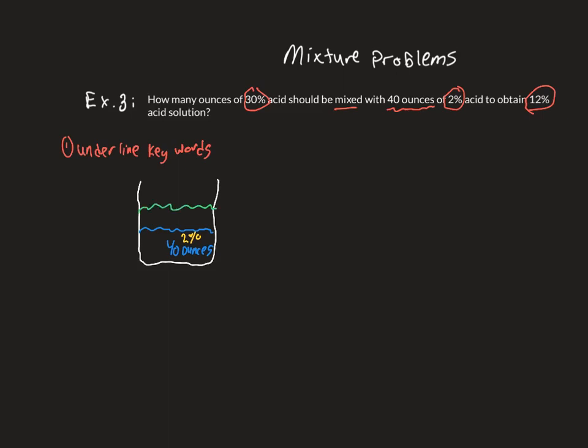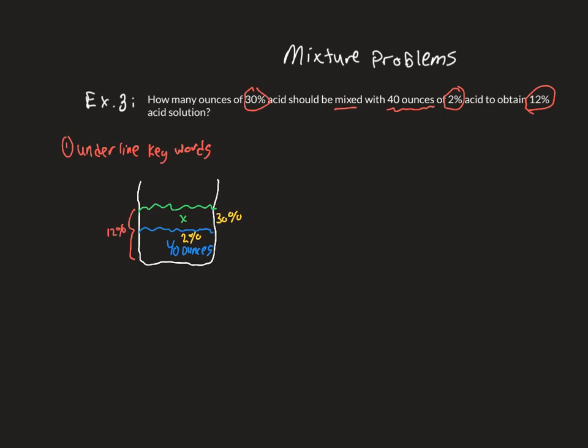I don't actually know how many ounces they're adding to it, but I do know that it's 30%. What I do know, though, is that when they are added together, I now make 12%. So that's a nice illustration of the situation.